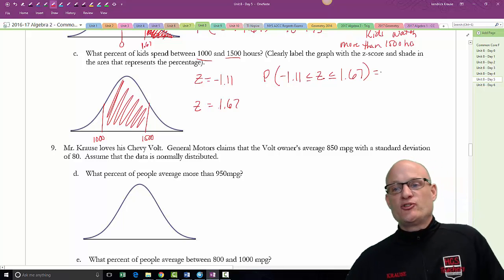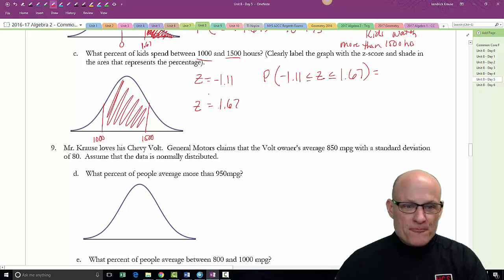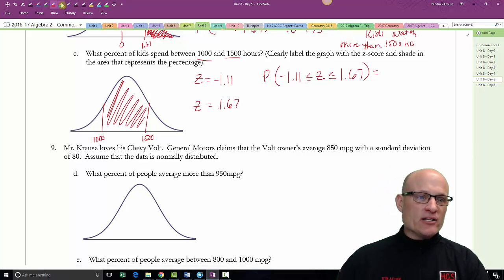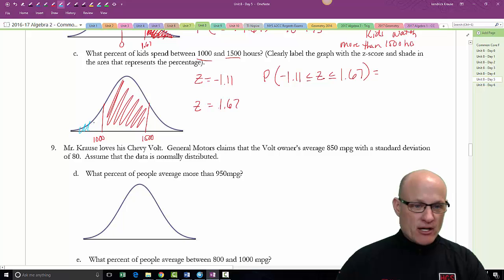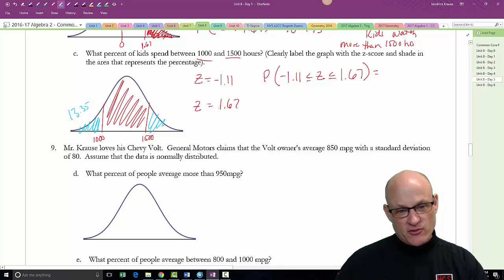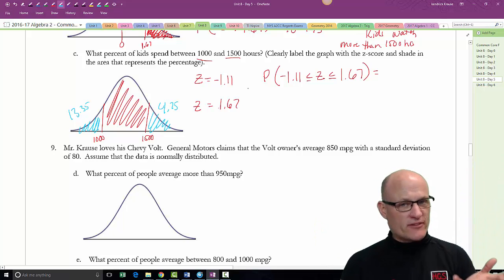How am I going to do that? Well, I've already looked up this area, which we found out to be, if I look back, 13.35%. And I already looked up this much, which was 4.75%. Well, the total area of the curve is still 100%, correct?